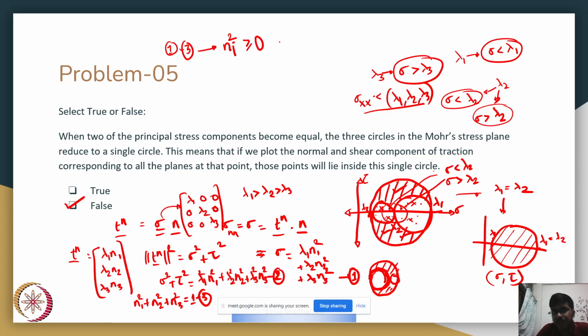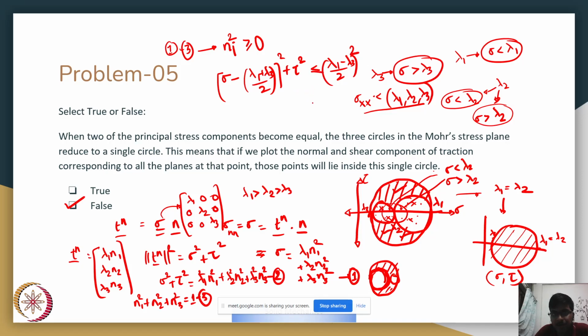Applying the constraint that ni square is greater than or equal to 0, what you would see is something like this: sigma minus (lambda 1 plus lambda 3)/2, whole square, plus tau square is less than or equal to ((lambda 1 minus lambda 3)/2) whole square.